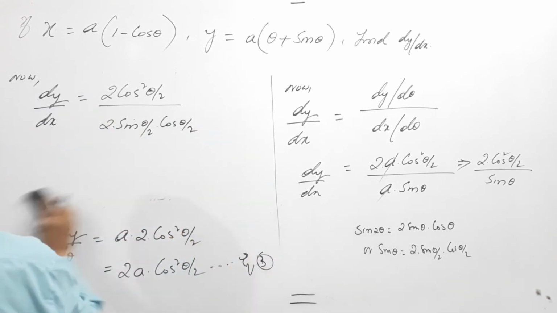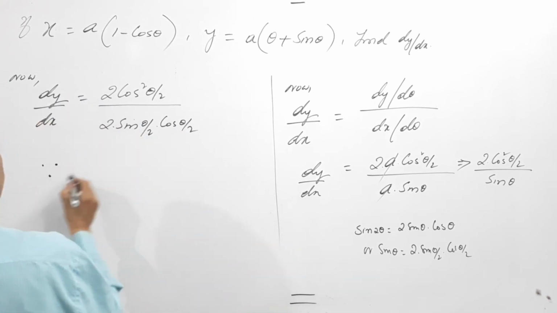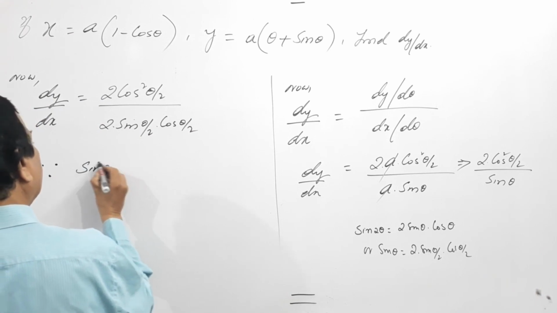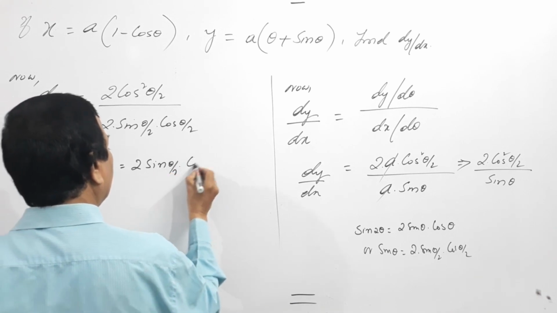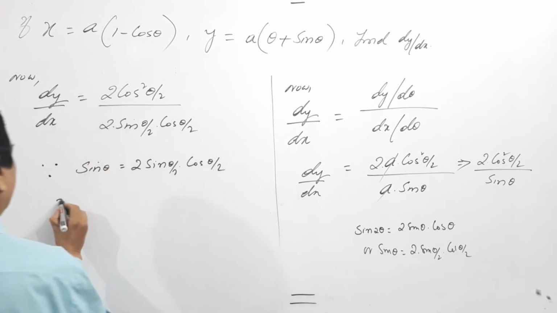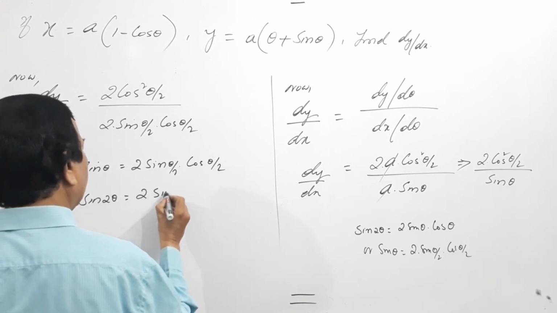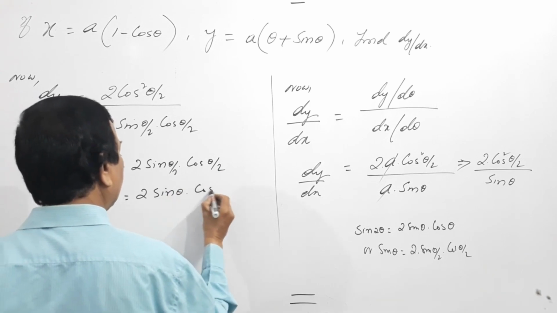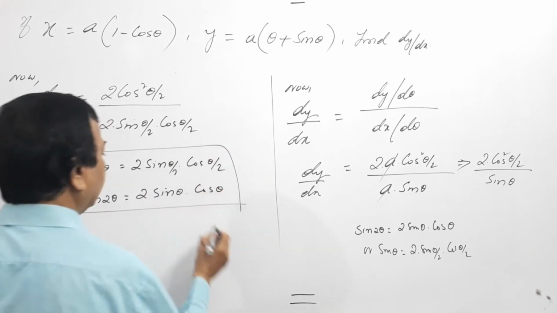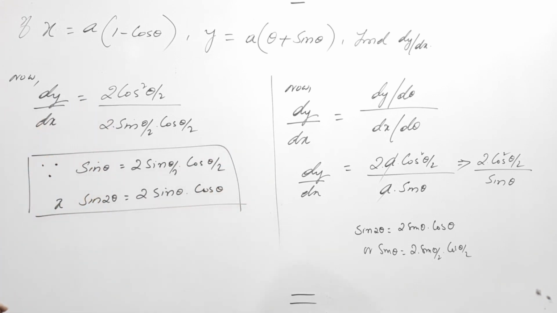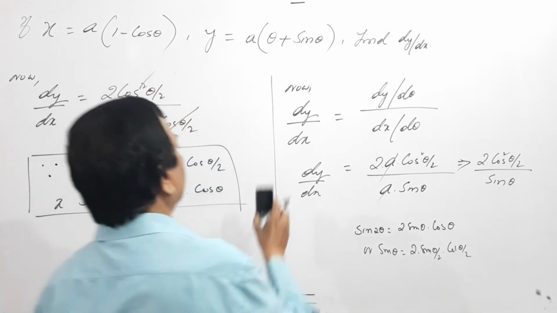Since sin theta equals 2 sin theta by 2 cos theta by 2, and sin 2 theta equals 2 sin theta into cos theta. Remember this formula. Okay, now what happens here? One cos goes here, one cancels here.